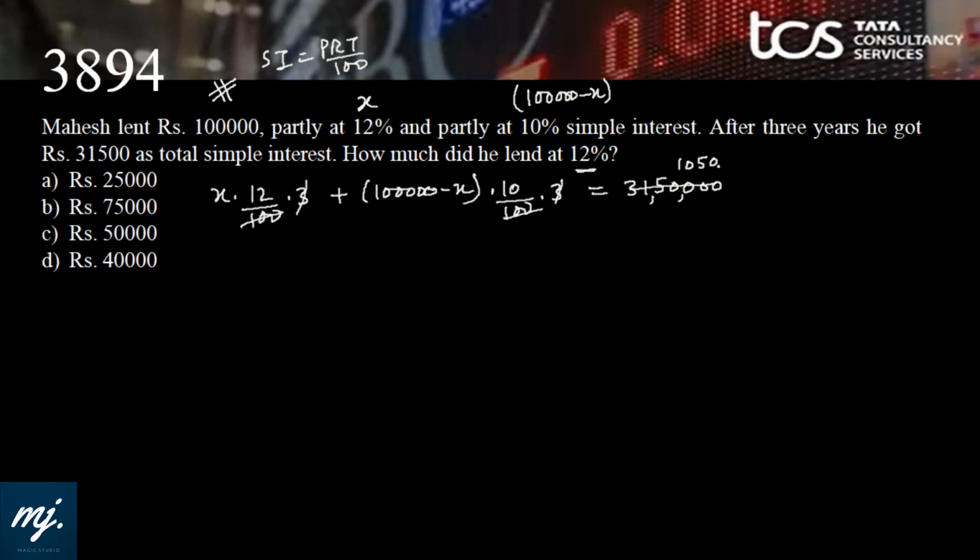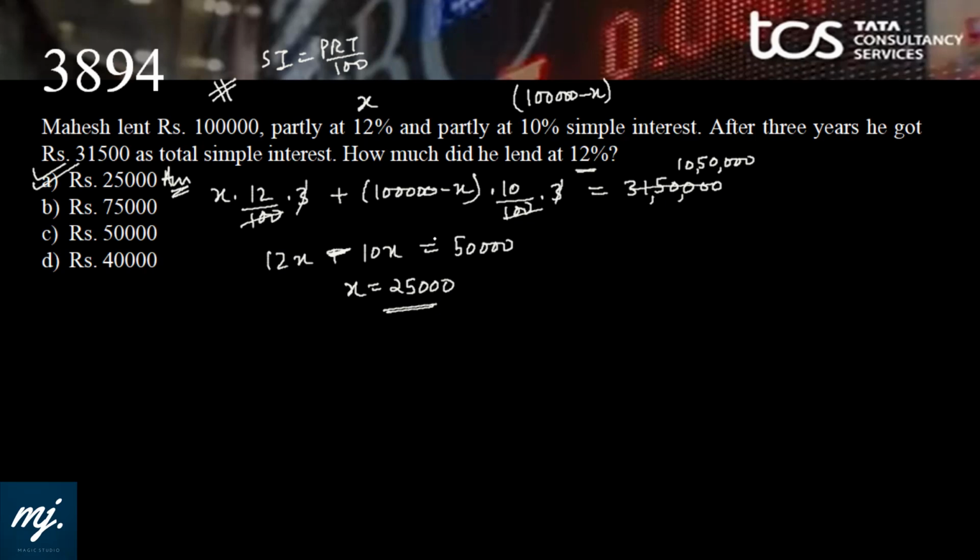This will become 10,50,000. We have 12x plus 1 lakh into 10 is 10 lakh minus 10x equals 10 lakh 50 thousand. Minus 10 lakh is 50,000. So 2x is 50,000, x equals 25,000. Easily, option A fits in.